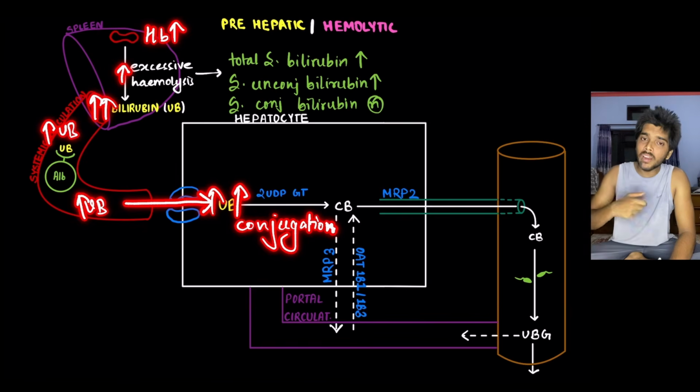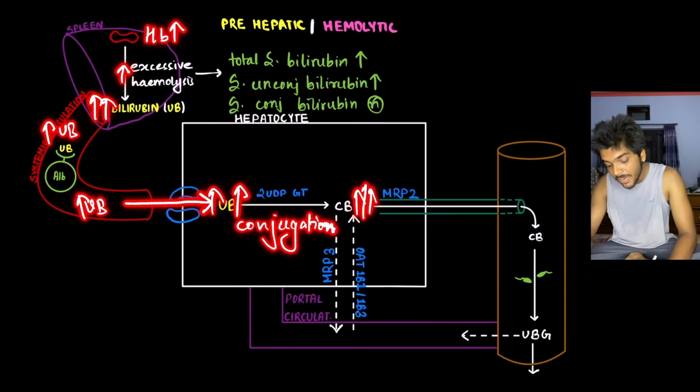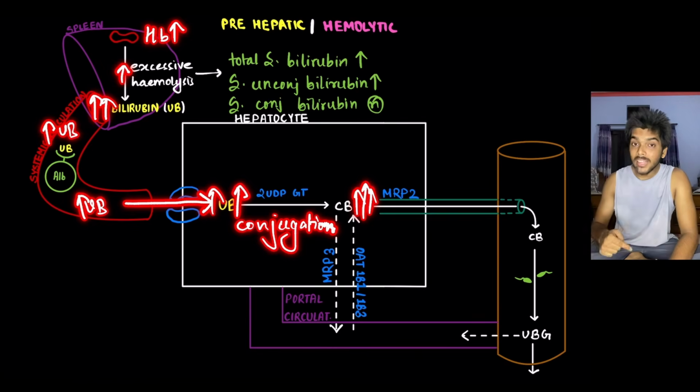The liver is trying its best to conjugate as much unconjugated bilirubin as possible. As a result, there is also an increment in conjugated bilirubin, but inside the hepatocyte, not in blood. That is why in blood, the serum conjugated bilirubin remains normal. It's in the hepatocyte where conjugated bilirubin is high.